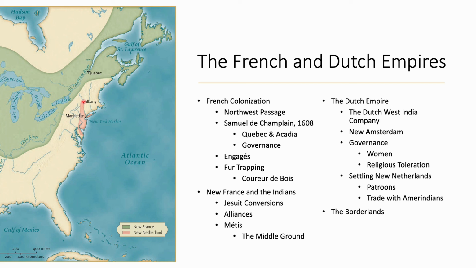Think of it much like here in the area of El Paso, where you have this blending of both American and Mexican cultures, this tradition forming where two distinct cultures mix together in terms of language, customs, and many aspects of society. And so these borderlands, whether we're talking about the middle grounds, northern New York, or even New Mexico, which is the frontier region of New Spain, you have this blending of peoples and ideas, and it's a fascinating topic within the field of history itself.